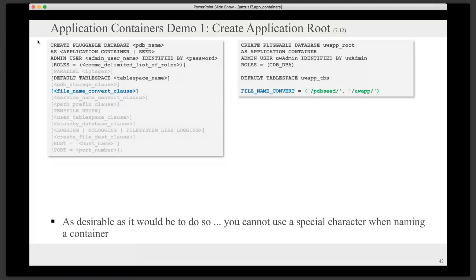I want you to go and use my seed database and essentially clone it over into a different physical directory. So my seed database was in a directory called PDB seed. And what I'm saying is, under the root, I want you to create another directory in my file system called UWApp, clone it over there, and attach it as an application root called UWApp root.